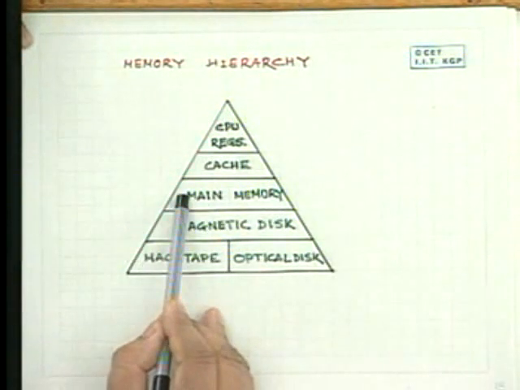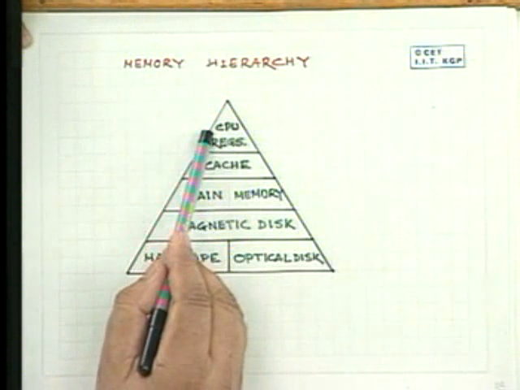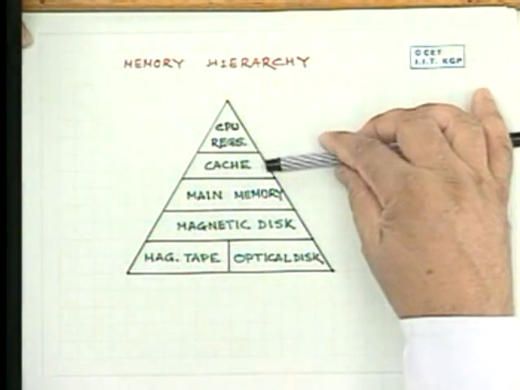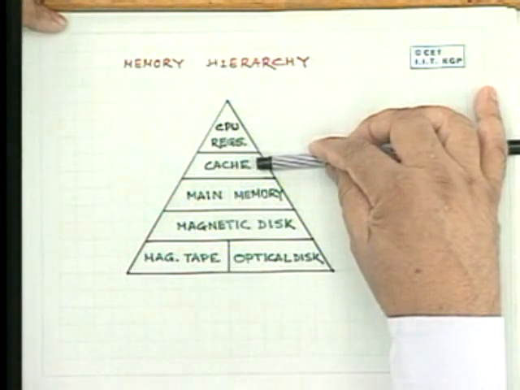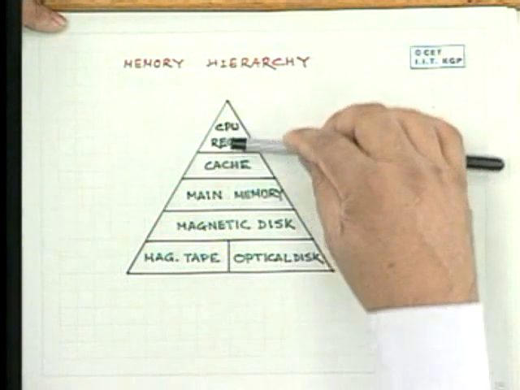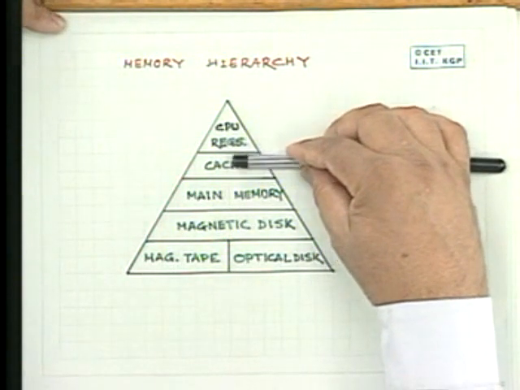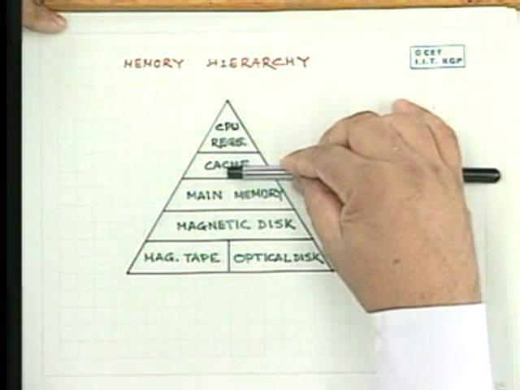Here is the main memory, here are the CPU registers. Here the CPU is very fast and the main memory is not that fast, and therefore a somewhat intermediate speed memory is put, which we call cache, so that generally the CPU takes the data or instructions from the cache, which is already loaded into the cache from the main memory.